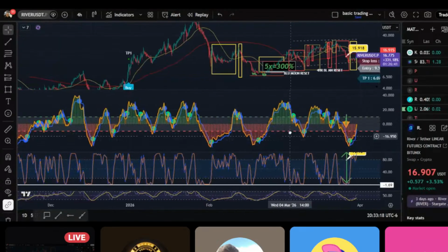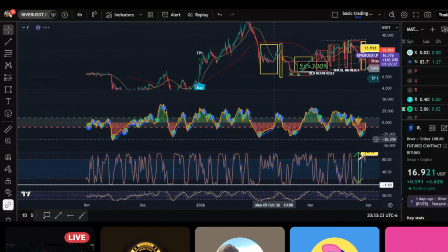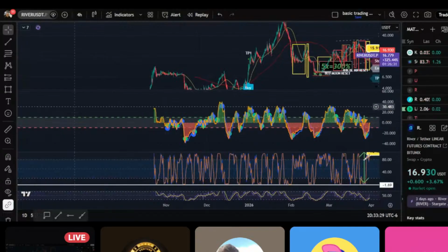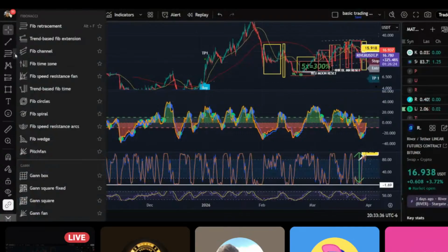So a lot of times, if you're doing, let's say, lower leverage, longer positions, we'll look over the time frame of the coin, almost like how you make a channel, right?